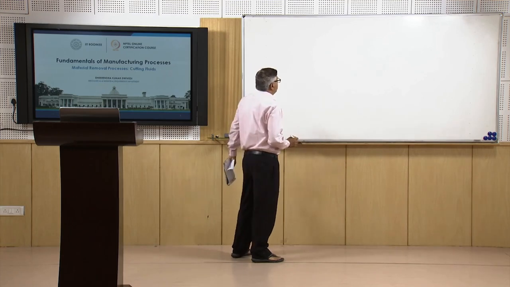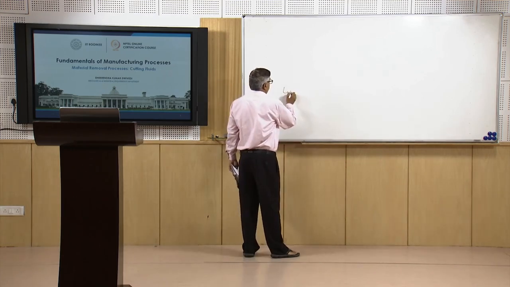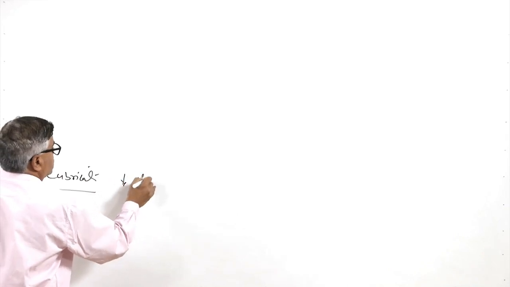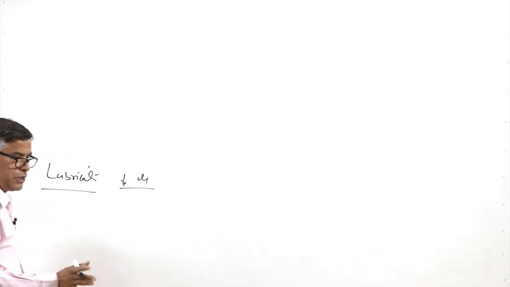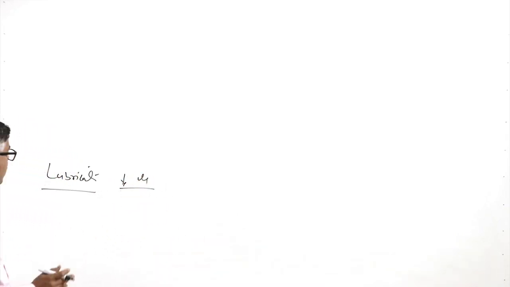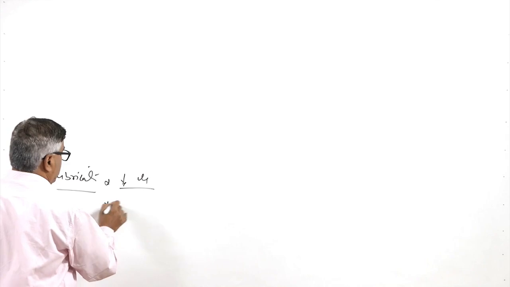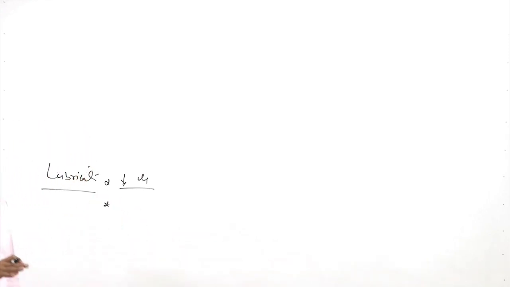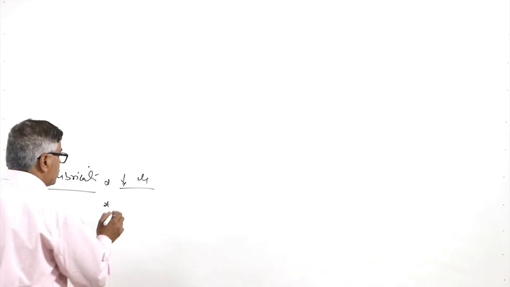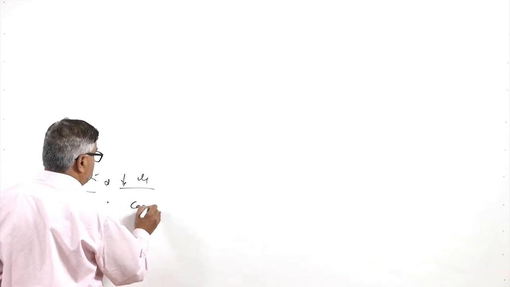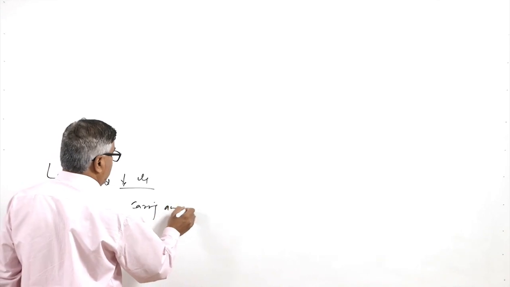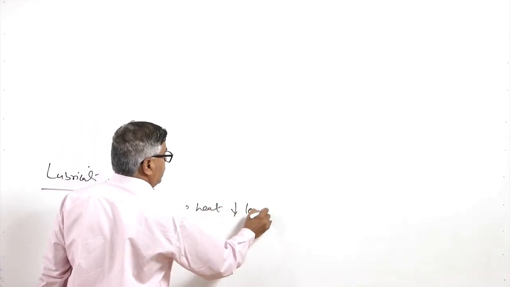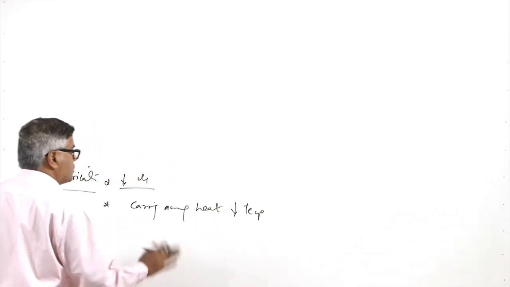So, when the lubricants are used, what we basically get is, first, lubricants will be able to reduce the friction between the tool and chip and tool and workpiece. The second is, because of the specific heat and thermal conductivity, they will also be able to carry away some amount of heat from the cutting zone. That will help in lowering the temperature of the tool as well as the workpiece.